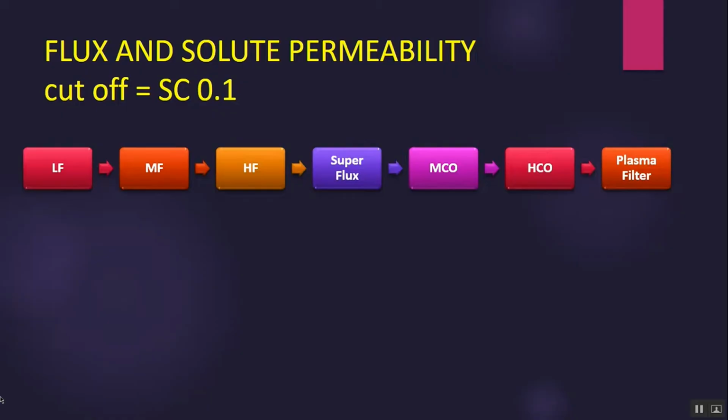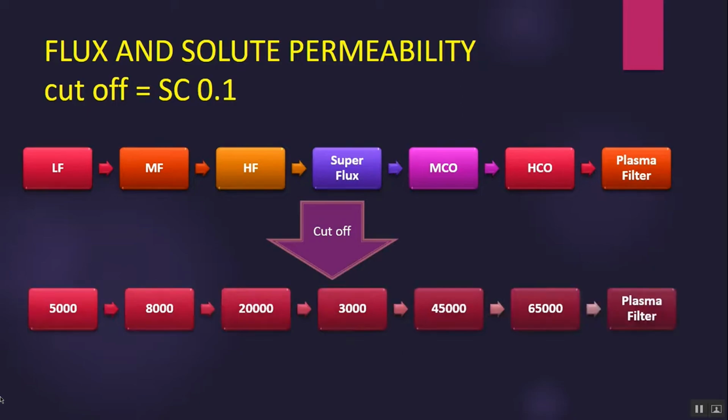The cut-off difference between all of them: low flux can remove up to 5,000 Dalton only. Medium flux is less than high flux, but is much better than low flux. Super flux and the medium cut-off remove much more molecular weight. High cut-off approaches albumin, and the plasma filter can remove all plasma proteins.